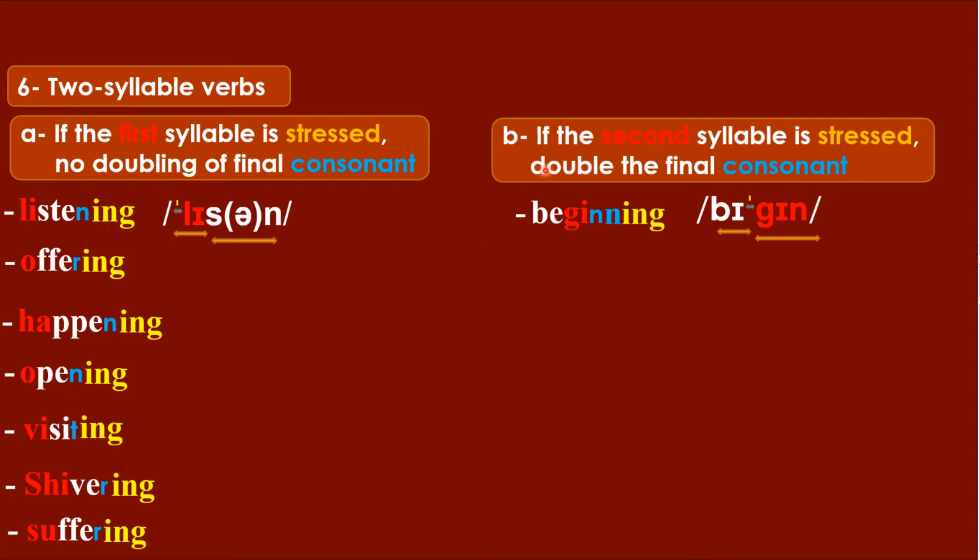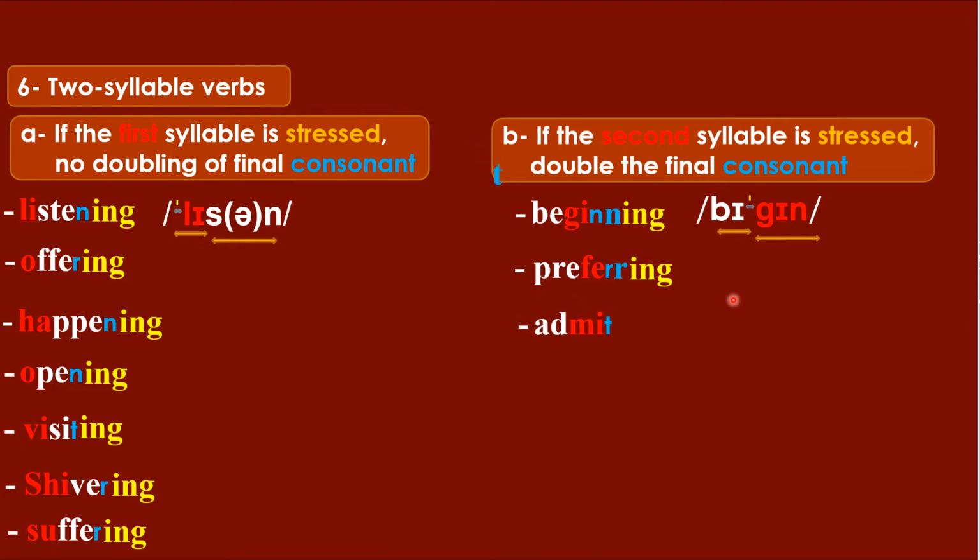Okay, let's have some examples of this type, the two-syllable verbs in which the second syllable is stressed. So I have prefer, double R, and then ing.